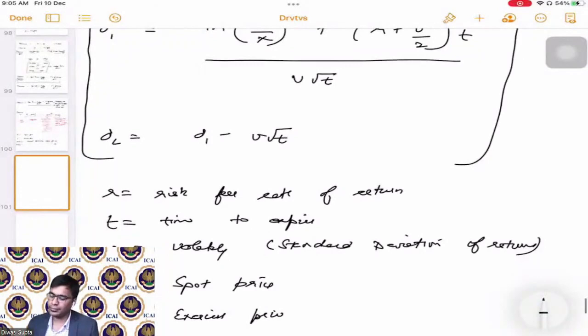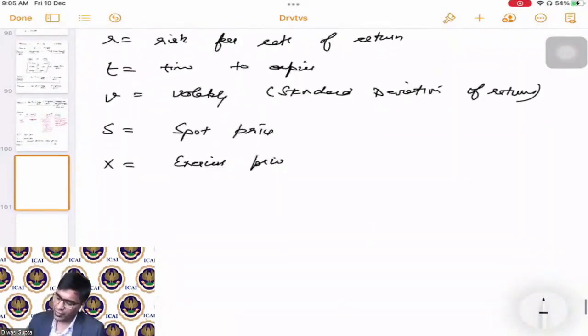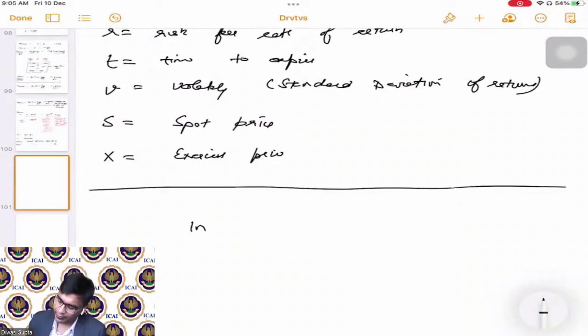I will explain this formula also, don't worry. Now, what is the next step? First of all, don't get scared with this natural log. S divided by X, very easy, very simple thing.